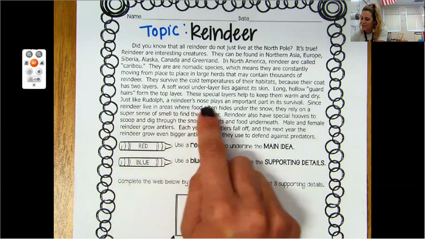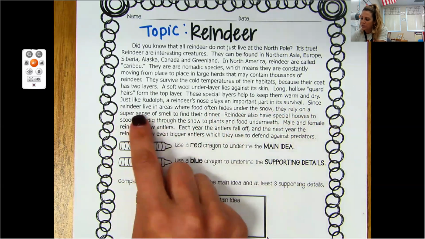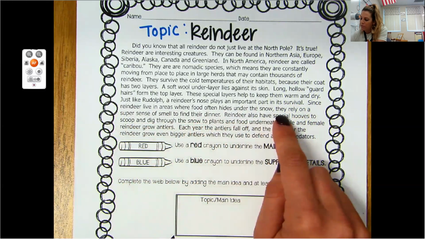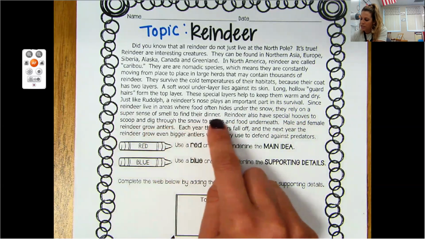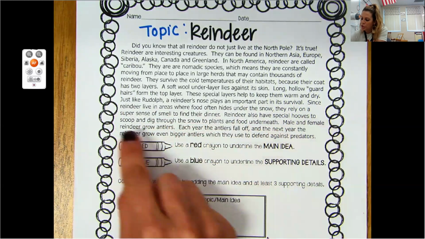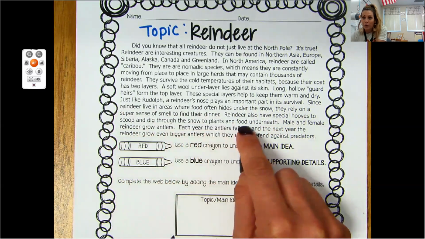A reindeer's nose plays an important part in its survival. Since reindeer live in areas where food often hides under the snow, they rely on a super sense of smell to find their dinner. Reindeer also have special hooves to scoop and dig through the snow to plants and food underneath.